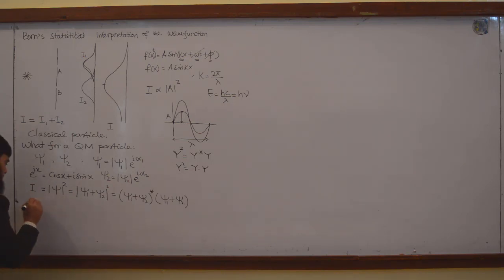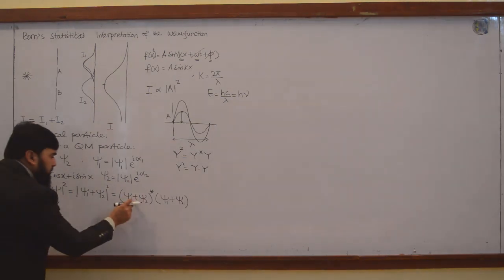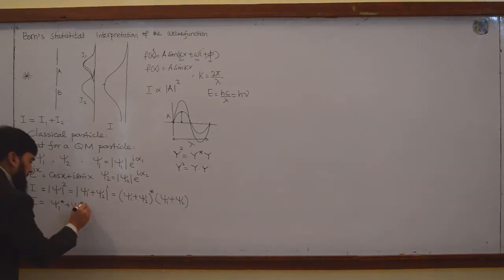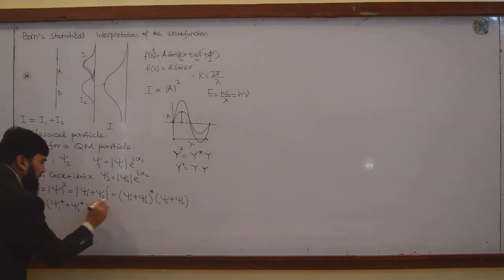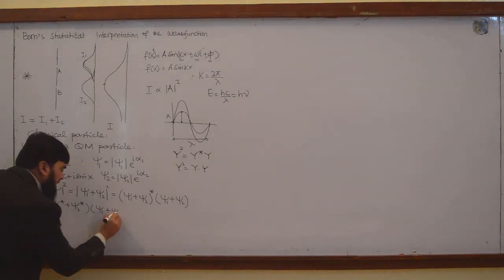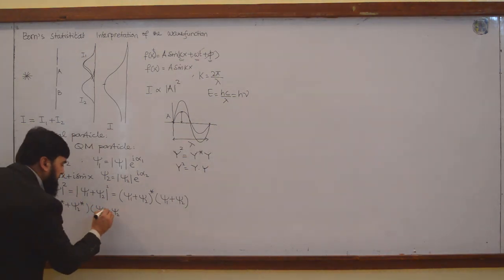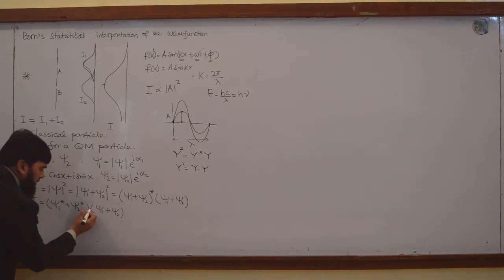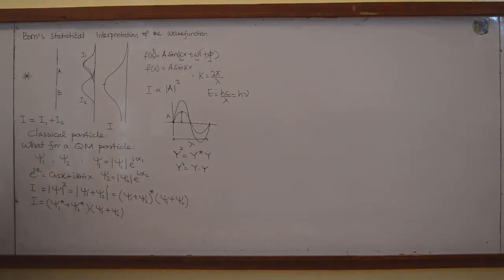We will write that intensity is equal to psi 1 conjugate plus psi 2 conjugate, multiplied with psi 1 and psi 2, like this. And here is a dot product. You write in terms of cos theta.